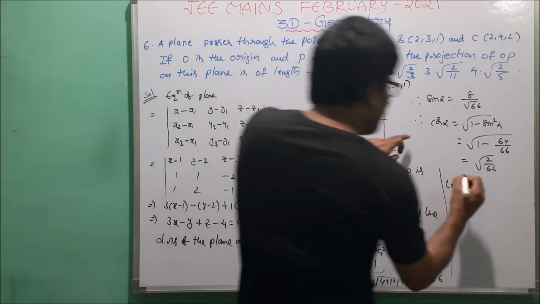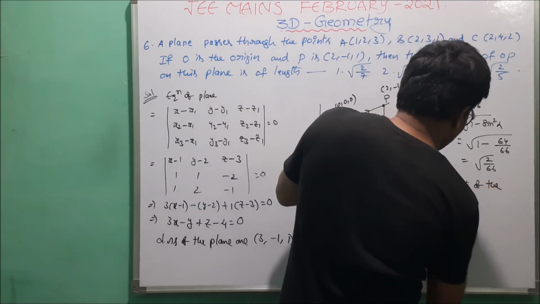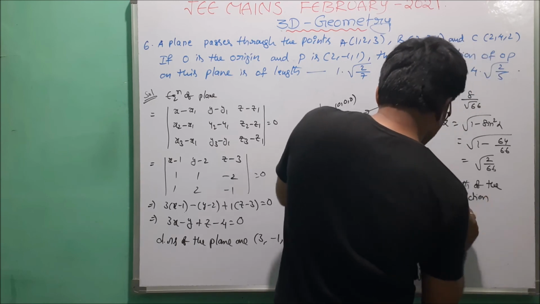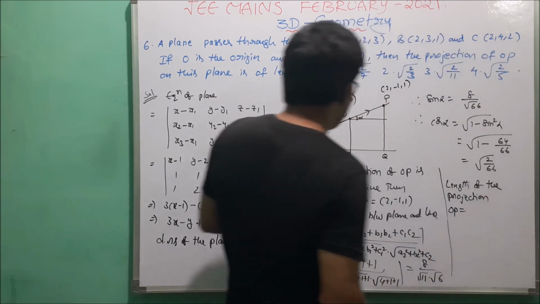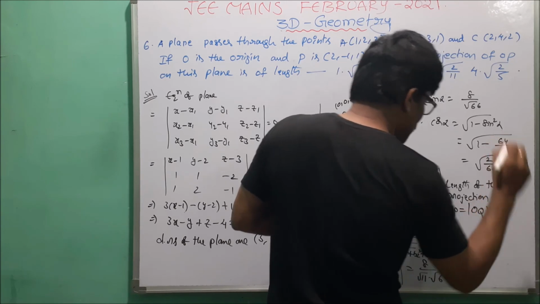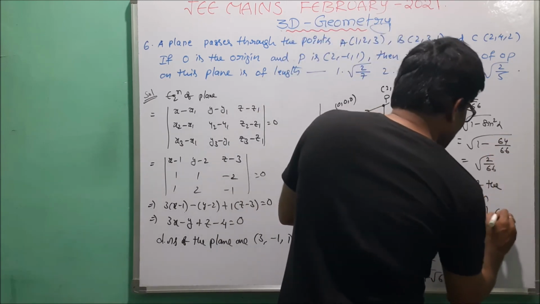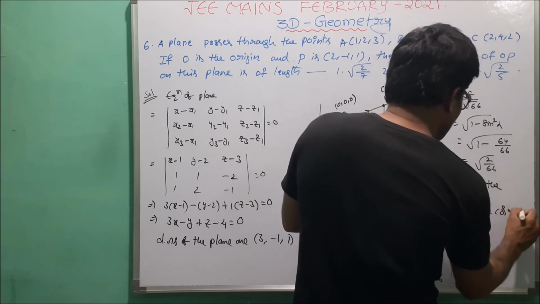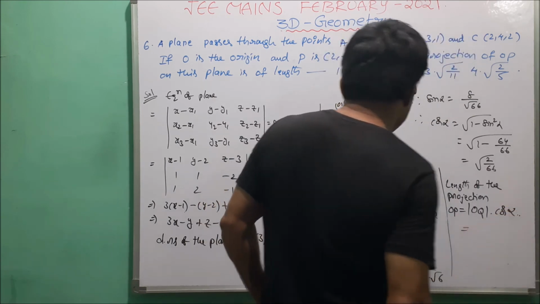Now the length of the projection OP equals mod OQ into cos alpha.